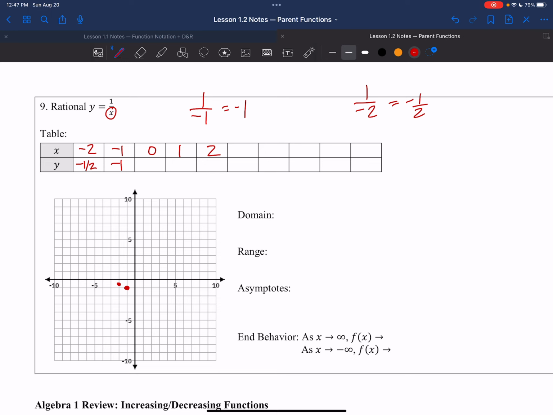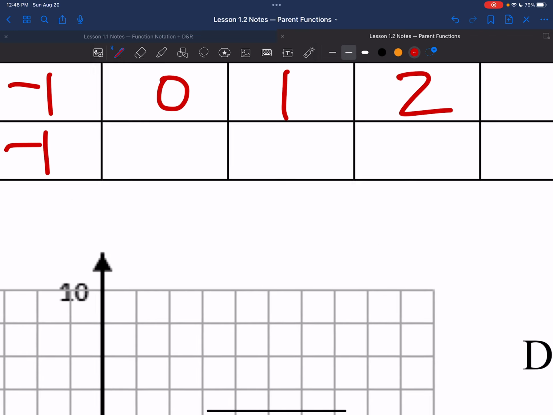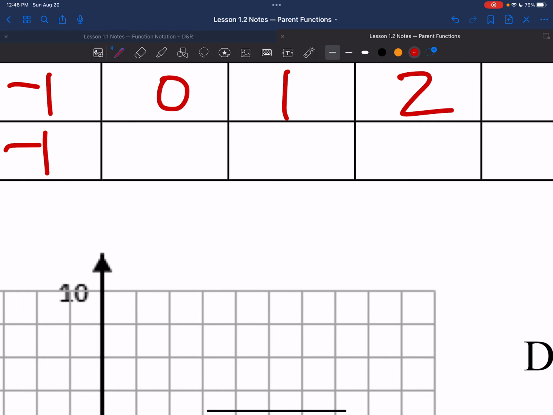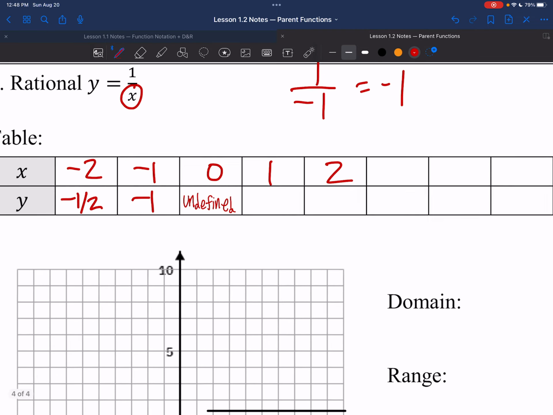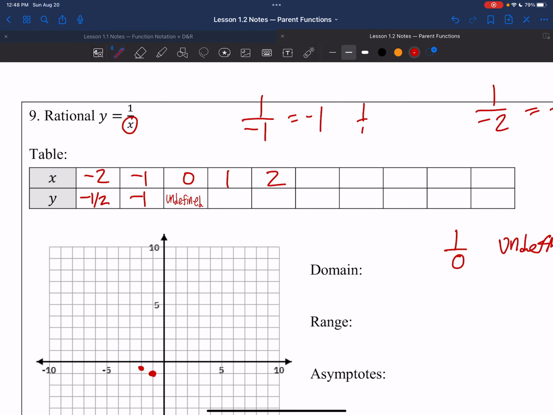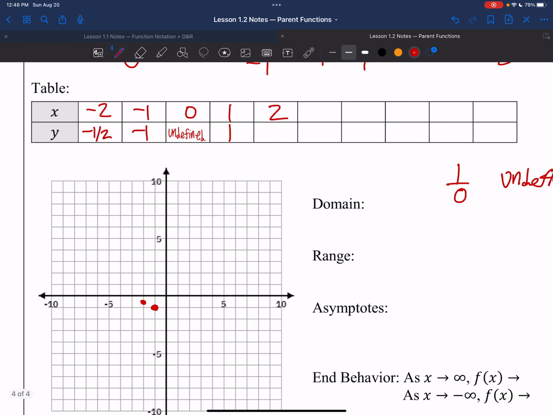0. 1 divided by 0 is undefined. So actually, we write undefined. Does not actually exist there. Okay? And then you do 1 divided by 1 is 1. So I get 1 comma 1.